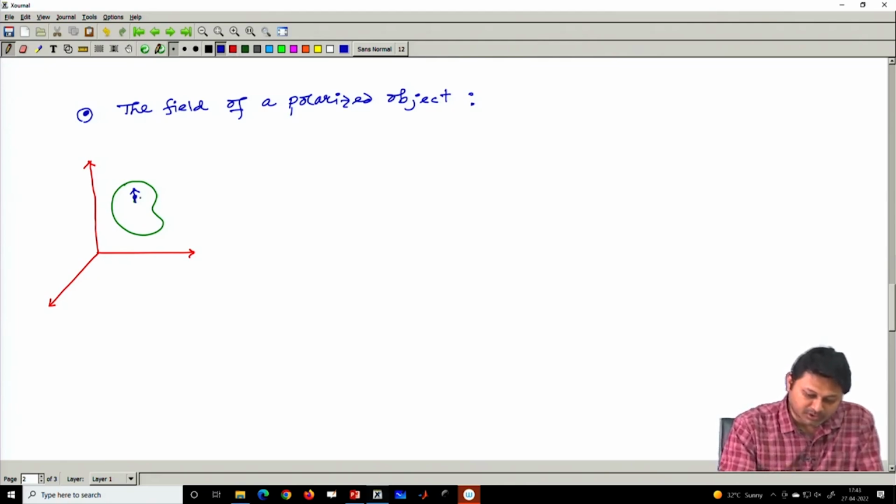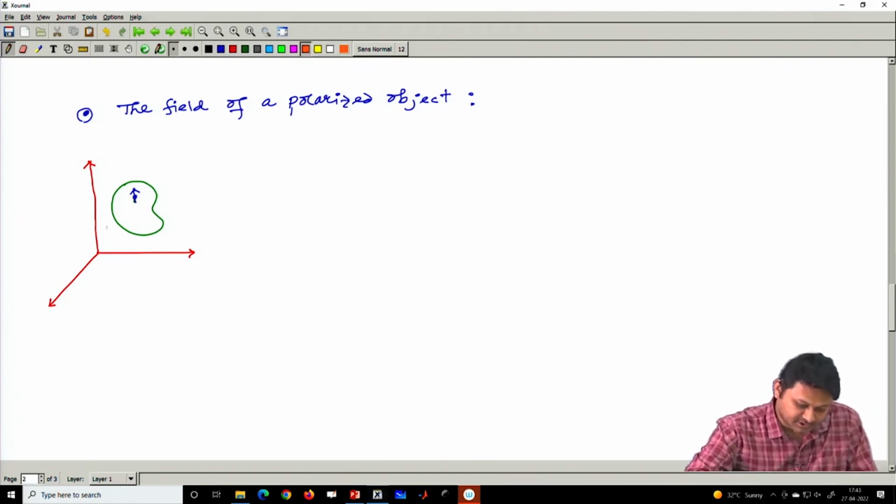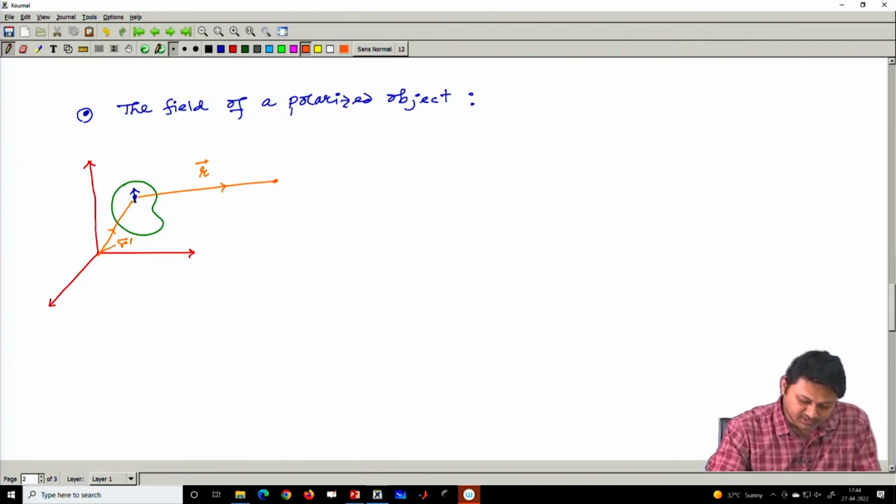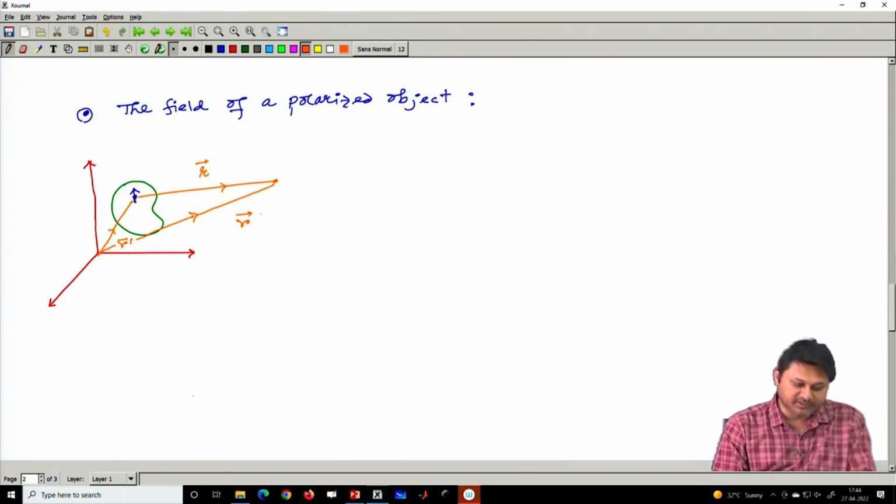So, now we can calculate the field due to this, and the location-wise I need to. The location here, this coordinate is my r prime. From here to here, this is the field point where we try to find the field, curly r, our standard notation, and from the origin to this point, this is my r. Okay, this is the system.